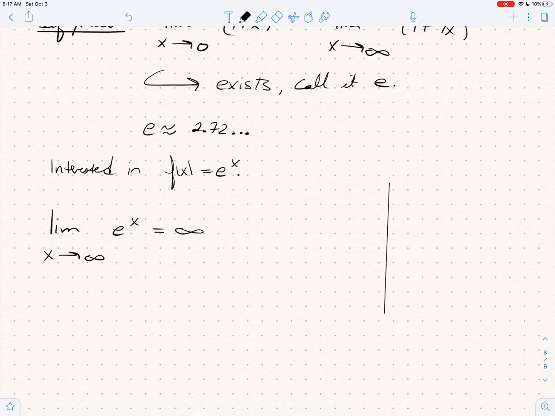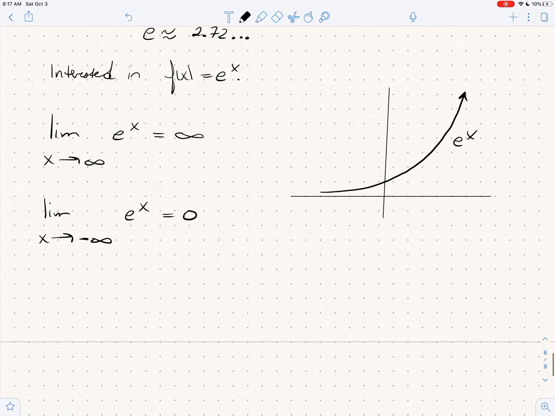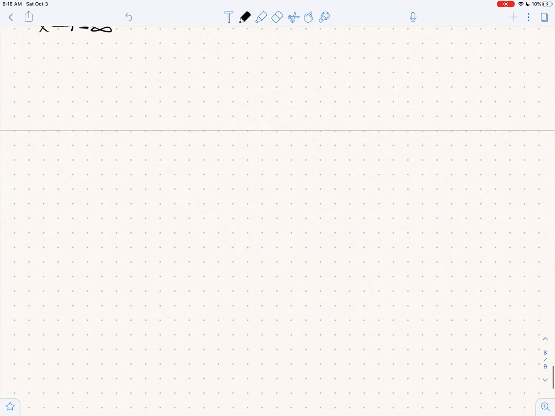Well, because I don't have to know the precise value of e to know that the graph looks like that. It's an exponential growth function. Simply knowing e is bigger than 1 tells me the graph looks like that. And so I can write down that the limit as x goes to minus infinity of e to the x is actually 0.